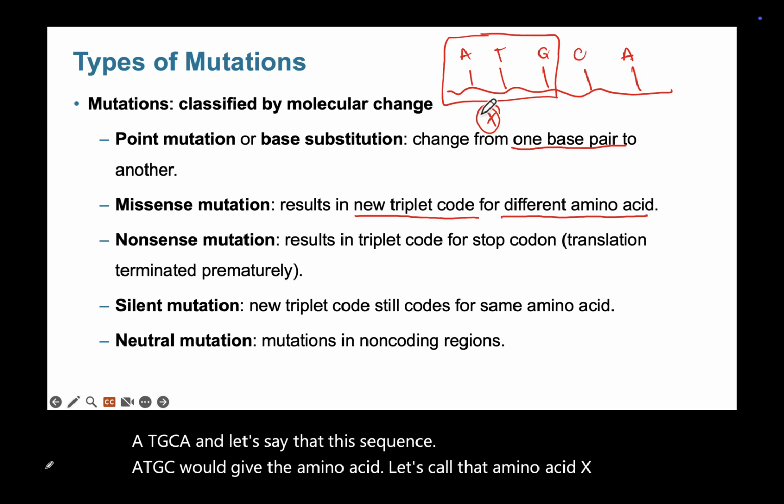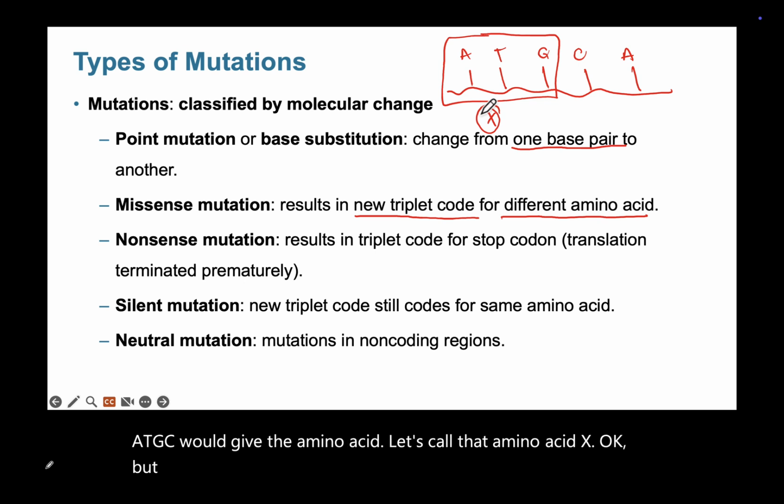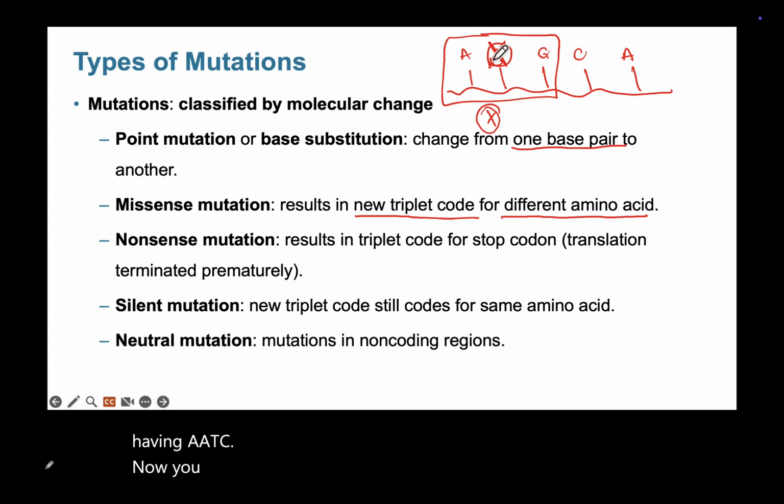Okay? But now let's say that this base pair was changed. And instead of having ATC, now you have ATG, now you have a CG.